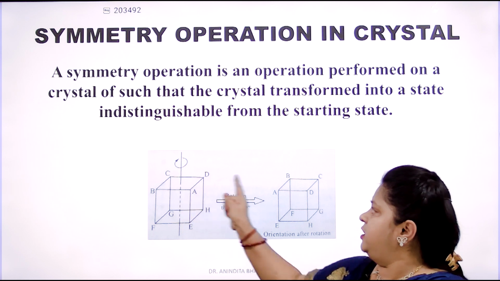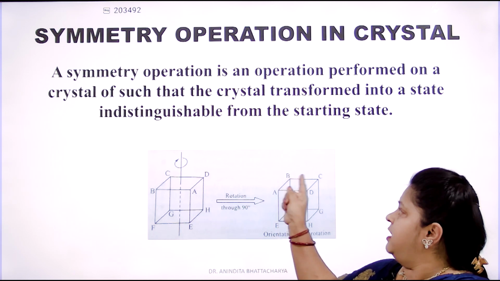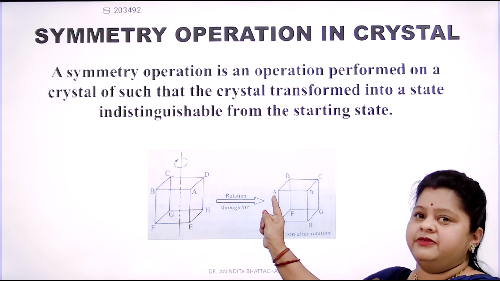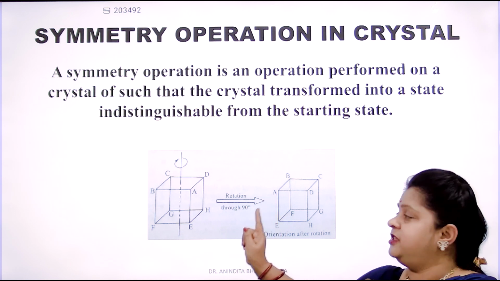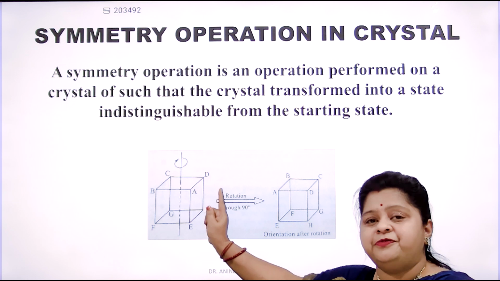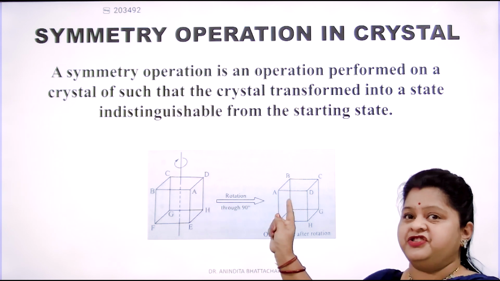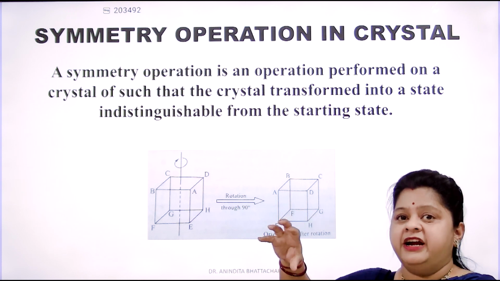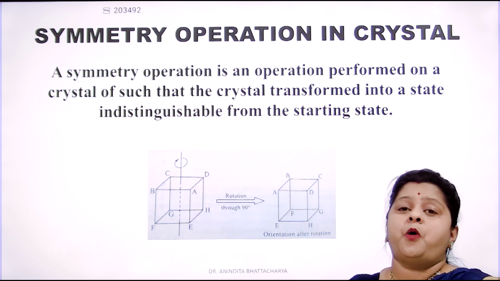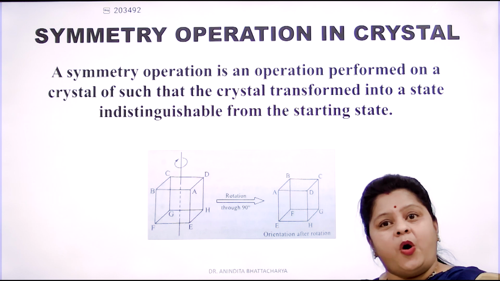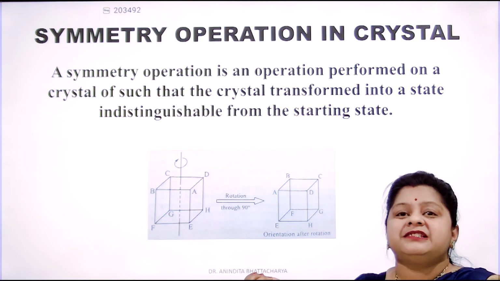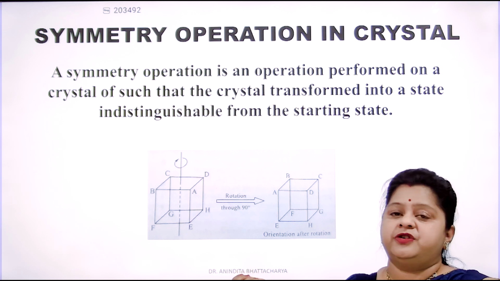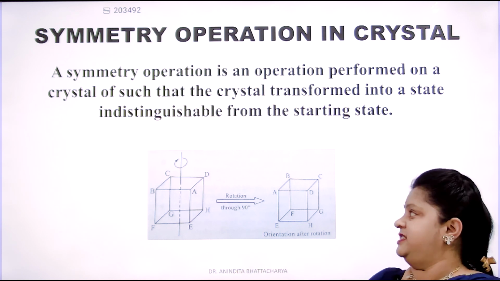B went to this position, C to this, D to this, and A to this. So you can see the movement of the letters. This is the way we can rotate them by 90, 120, 180, and 360 degrees, and we can get back a form indistinguishable from the previous one.